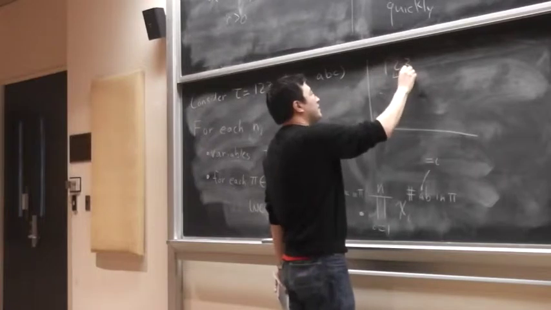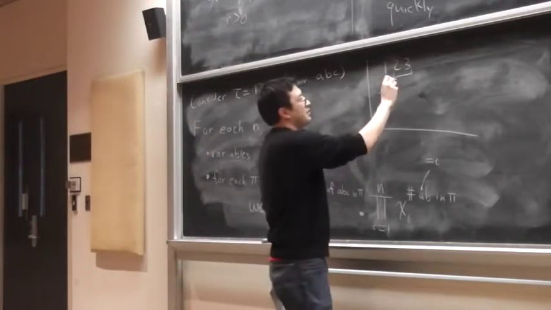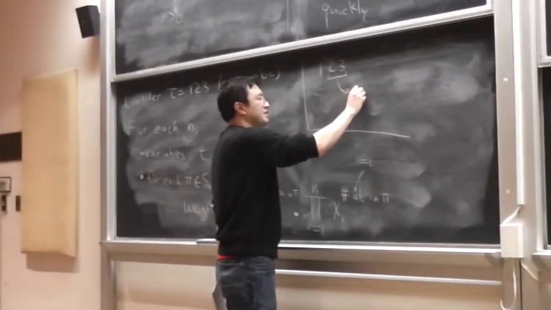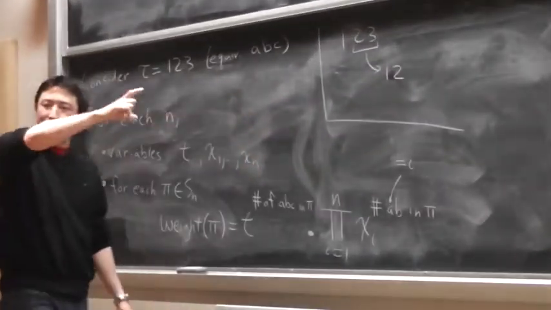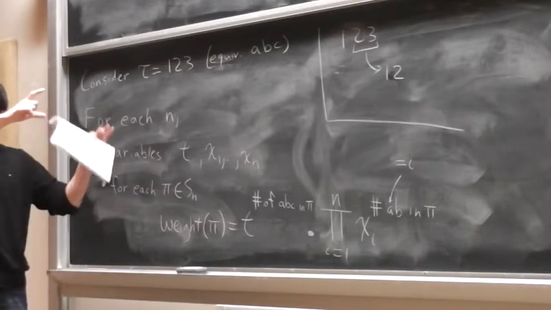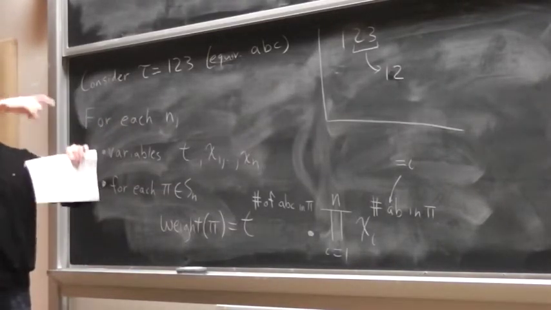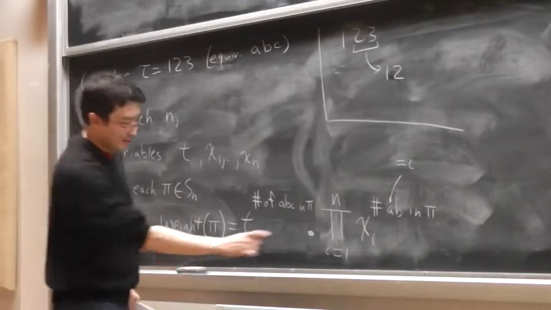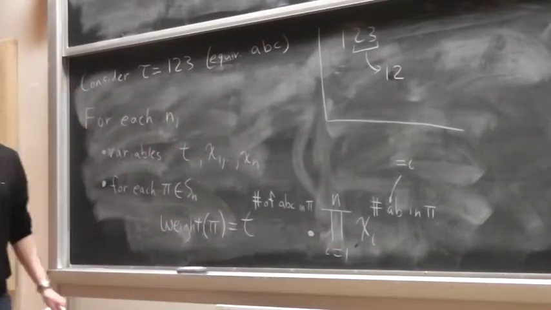And so when I do that, I'm concerned with 1, 2 patterns that may create a new 1, 2, 3 when I insert things at the beginning. So that's what this variable is, in a sense, keeping track of.